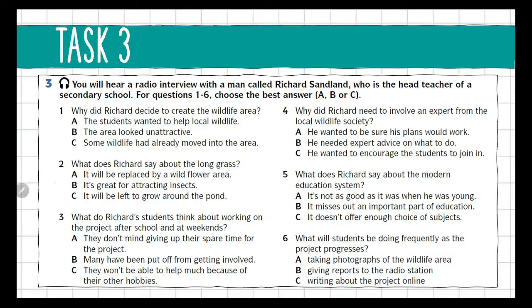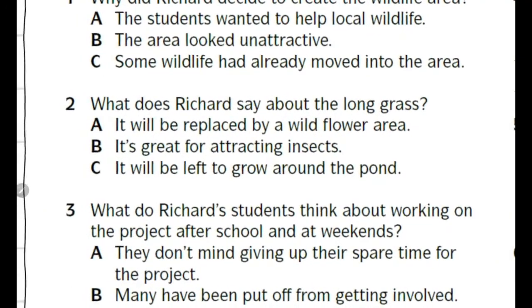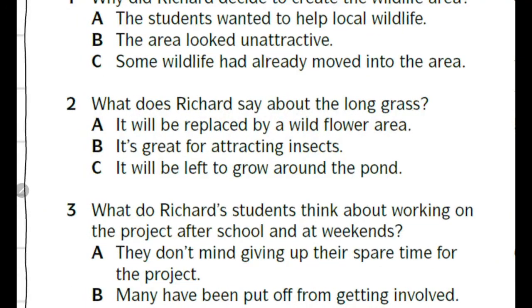Alright, question number 2. What does Richard say about the long grass? Apa pendapat Richard tentang rumput yang panjang tu? A, it will be replaced by a wildflower area. Dia kata kawasan rumput panjang tu akan digantikan dengan kawasan yang ada bunga-bunga liar.